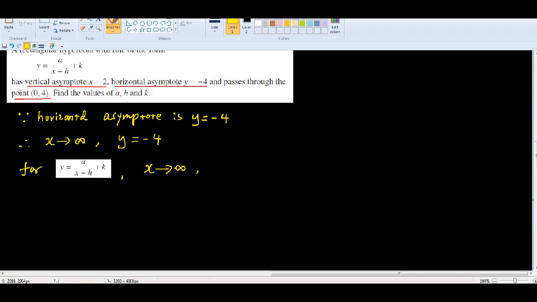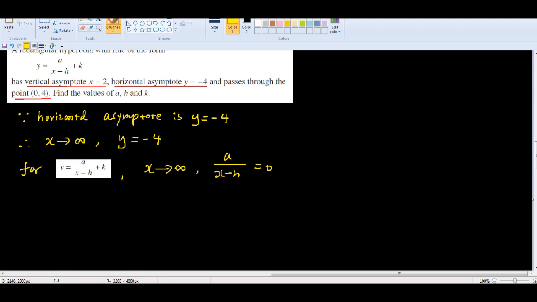When x tends to infinity, a over x minus h must be 0, because x becomes very big. No matter what the values are for a and h, the whole fraction will still become 0 because x tends to infinity.